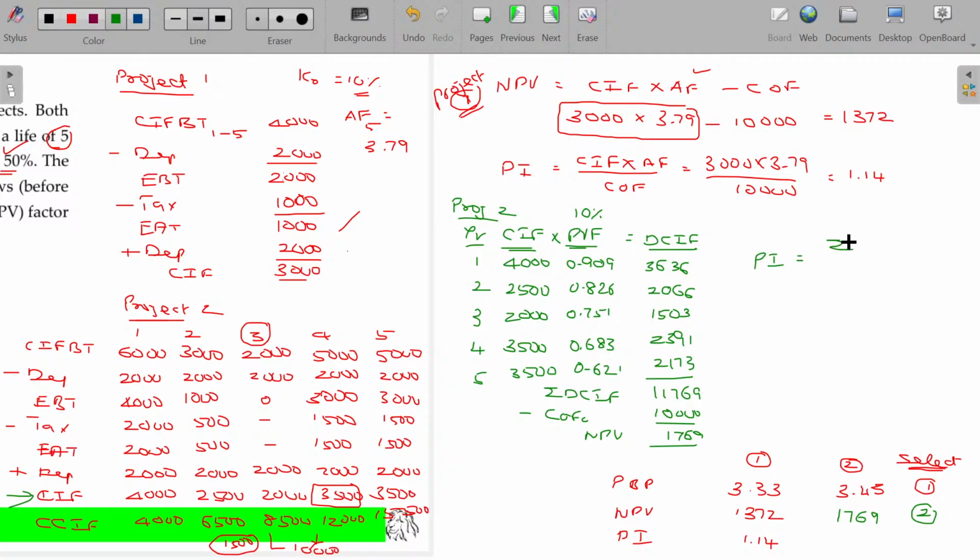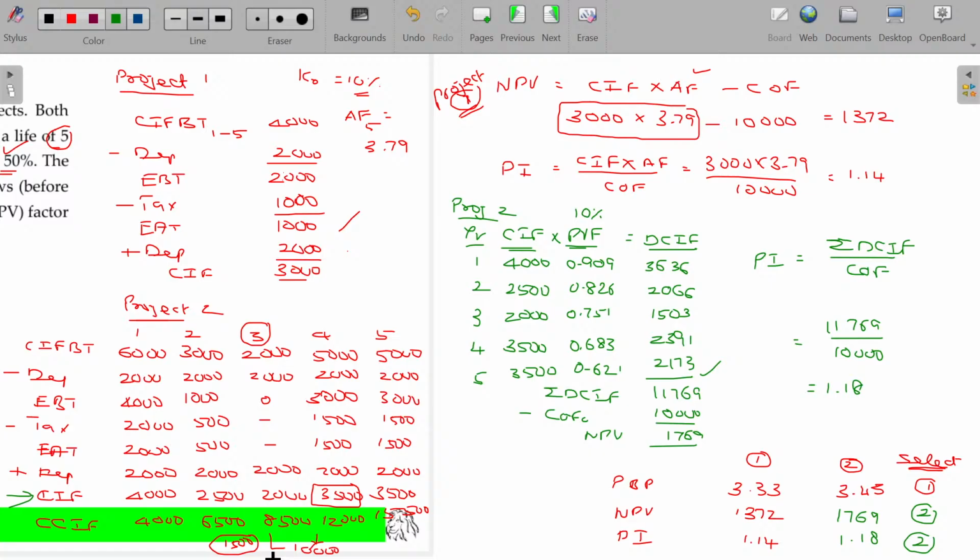As per the PI calculation, summation of discounted cash inflow should be the numerator divided by cash outflow. So numerator value being 11,769 and denominator value being cash outflow, which is 10,000. The ultimate value being 1.18. So as per the PI selection criteria, higher PI will be most suitable. So the second project gives you more PI. So we have to choose the second project only.